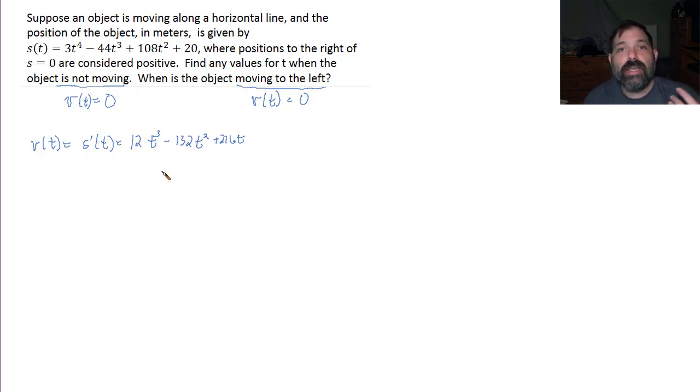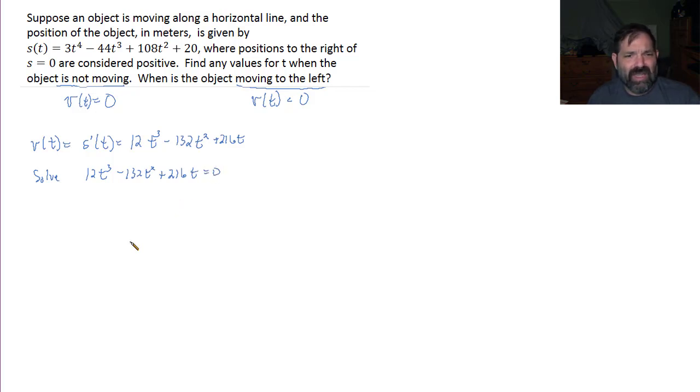Wait. The derivative of 20 is 0. So there's a plus 0 here, which I'm not going to write. We want to solve the velocity equal to 0. So let's solve 12t cubed minus 132t squared plus 216t equals 0.